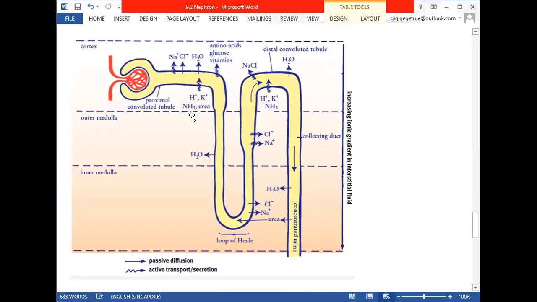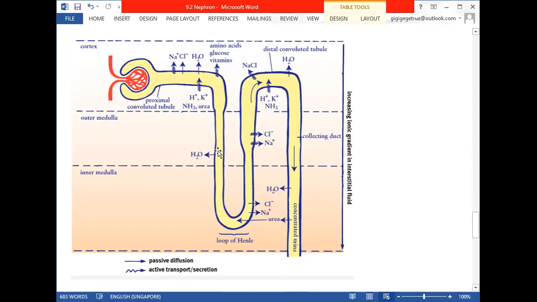H plus, K plus, NH4 plus equals ammonia, and also urea will be actively secreted into the tubule. That's why you see the direction is from the blood into the tubule. And then amino acid, glucose, and vitamins are reabsorbed back, but not all of the vitamins. If there are too much vitamins B, C, then not all of them are reabsorbed.